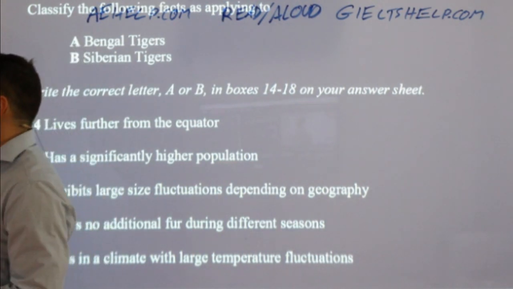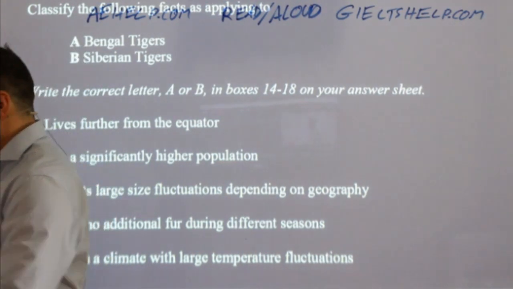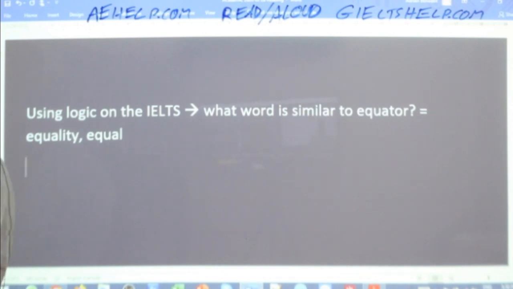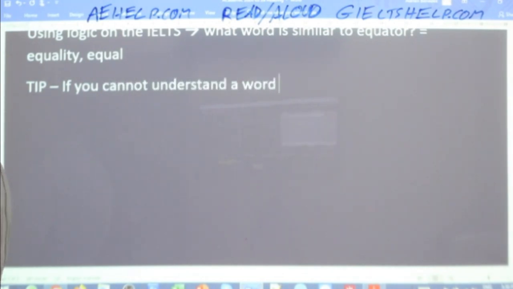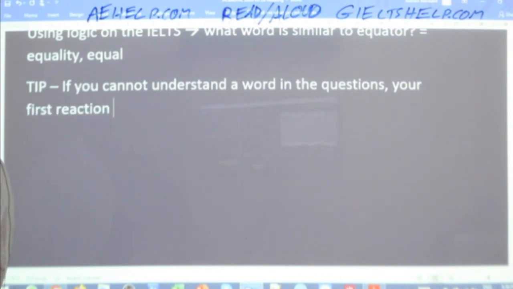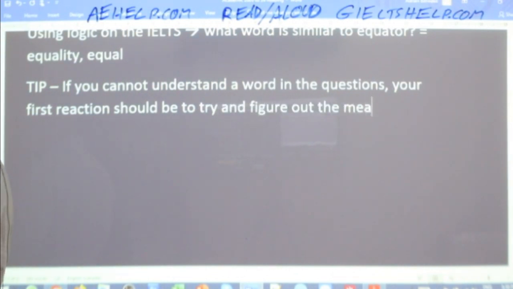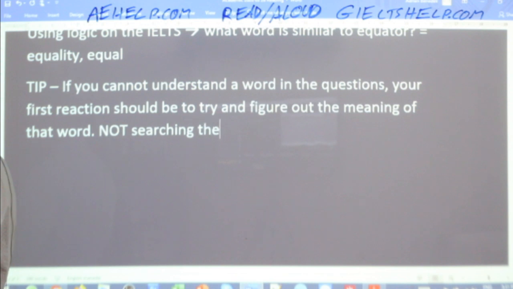Okay, did everybody catch that last tip? It's really, really important, this last tip, okay? So this is an important one. Tip: if you cannot understand a word in the questions, your first reaction should be to try and figure out the meaning of that word, not searching the passage.